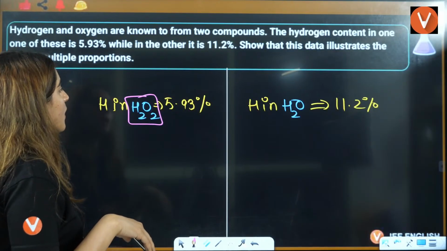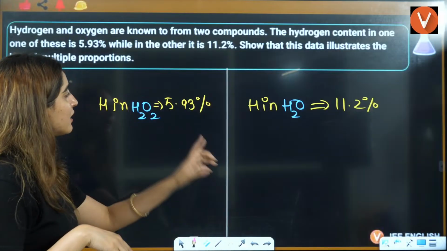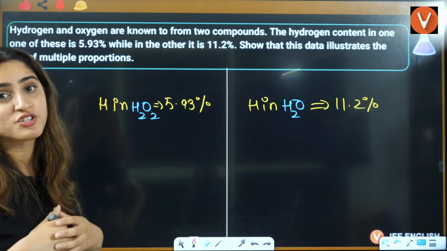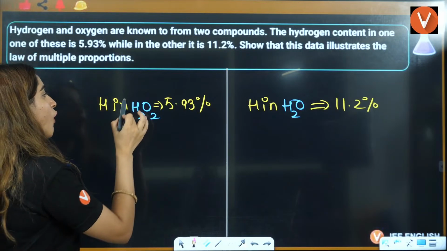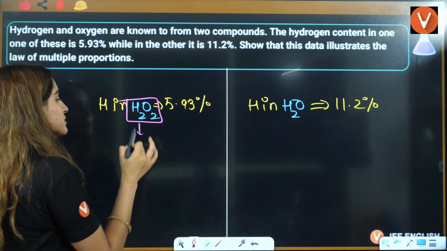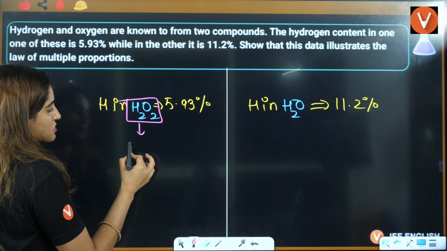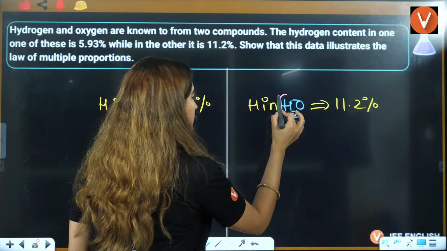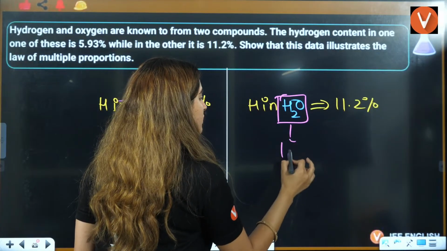This is in the ratio 1 ratio 16, and this is in the ratio 1 ratio 8.